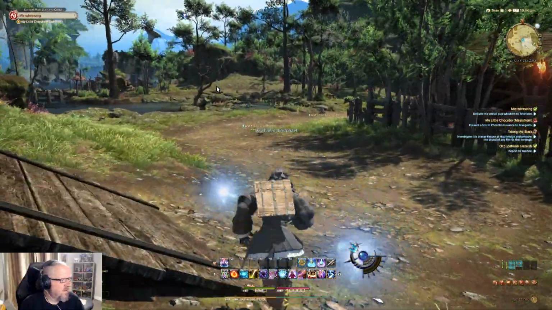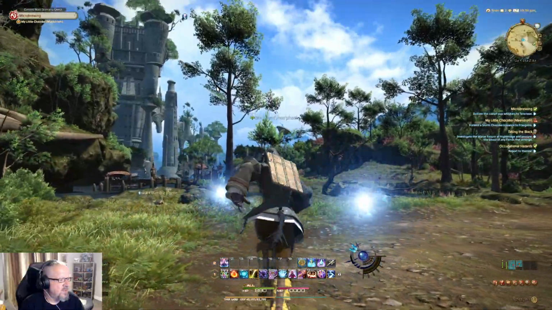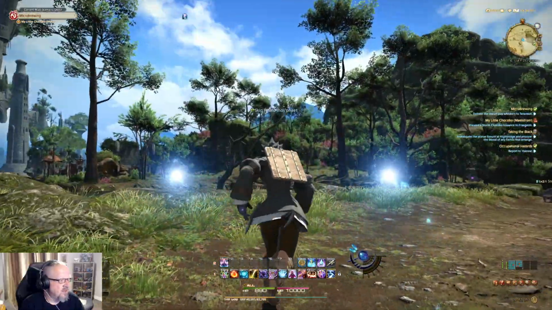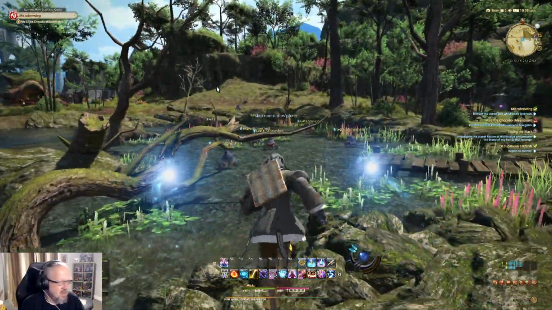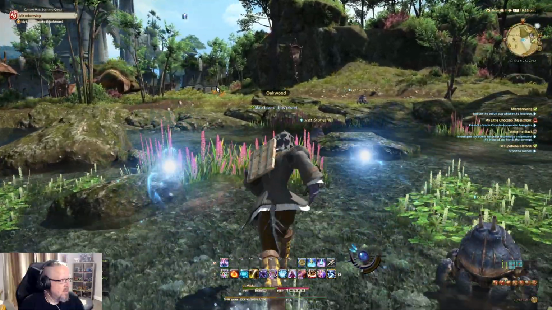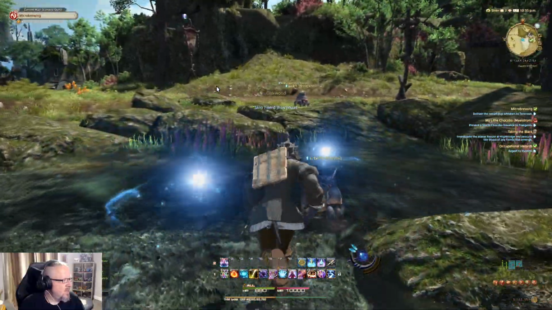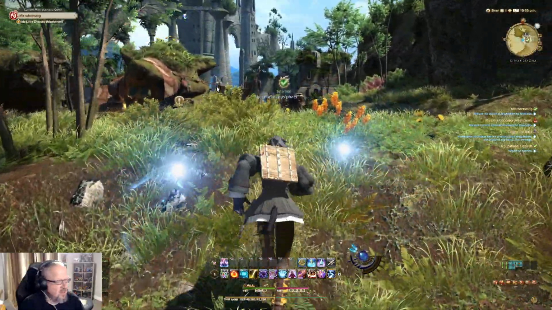Who needs fall damage? Not me. Alright, that's pretty freaking cool over there. Alright, where is Doofenshmirtz? This way. Okay, there is Teteroon.